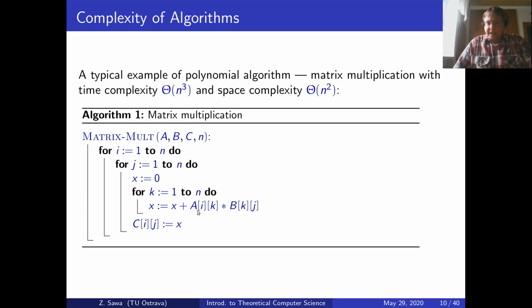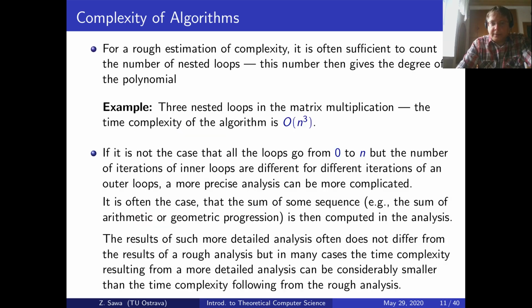So in this case we can just take the number of nested loops, and this would give us the degree of polynomial, but it is not the case in general.